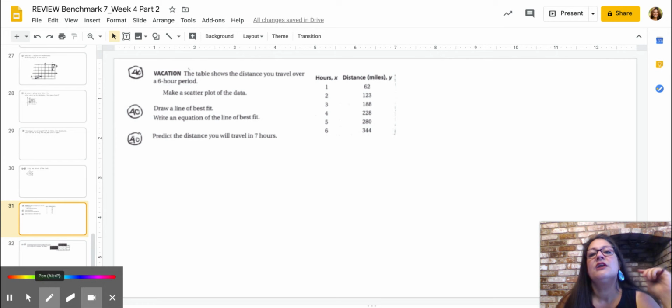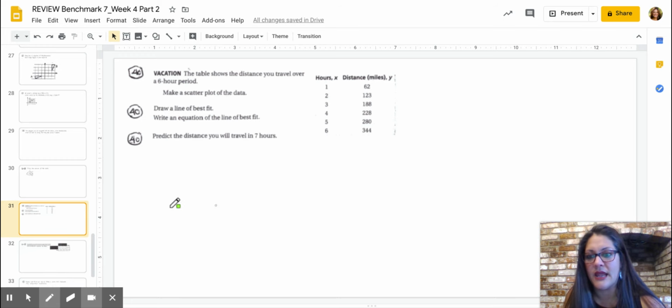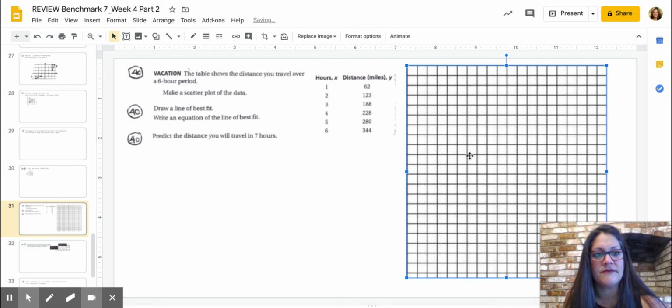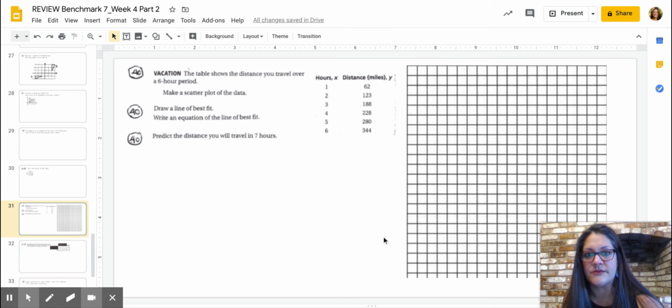Okay, so we want to do a scatter plot of the data. And I grabbed a picture of a graph. There we go, so that we could plot this. And I think I'll leave it right there. That works for me.